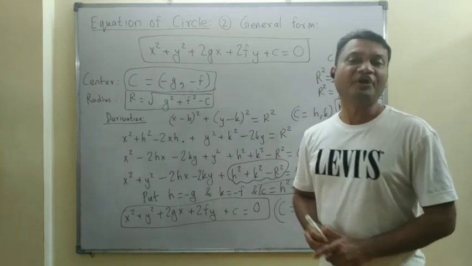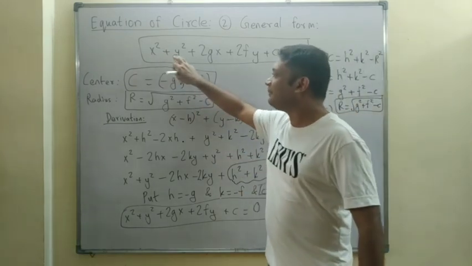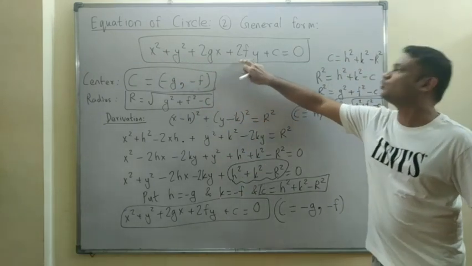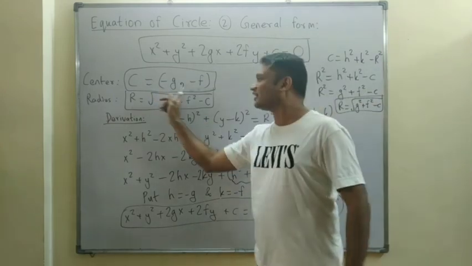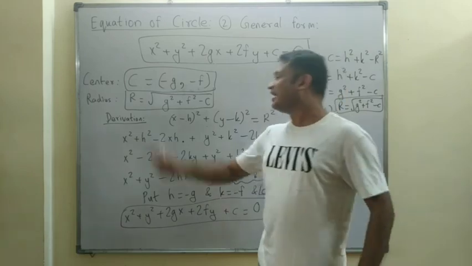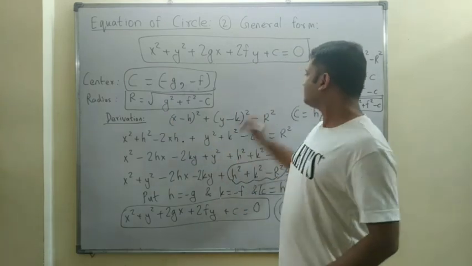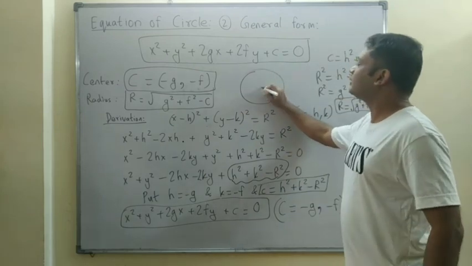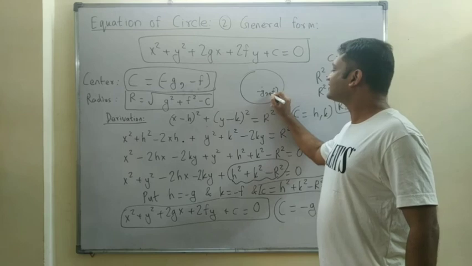So what is the general equation of circle? x square plus y square plus 2gx plus 2fy plus c is equal to 0. In this, we have the center of circle as minus g comma minus f, and the radius of circle is root of g square plus f square minus c. So let us plot this circle. What will be the center of circle? It will be minus g comma minus f.